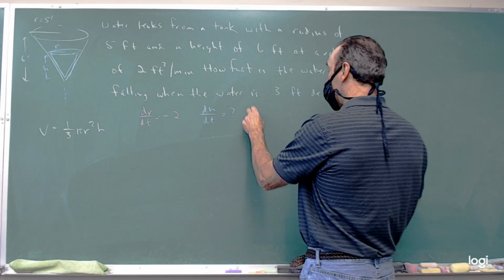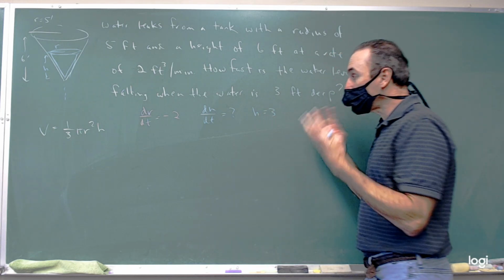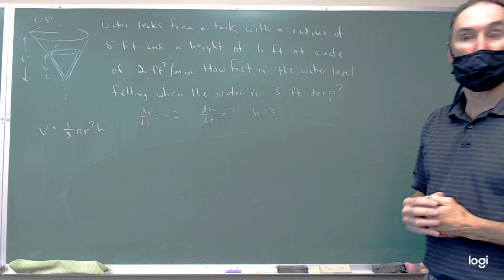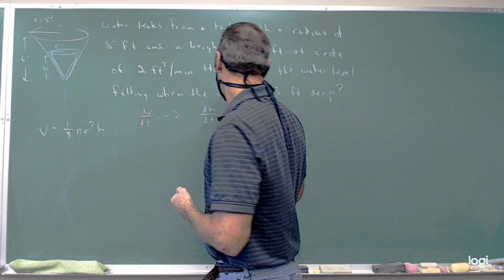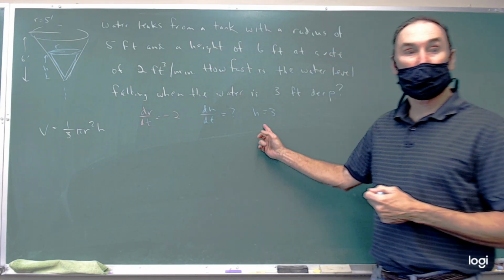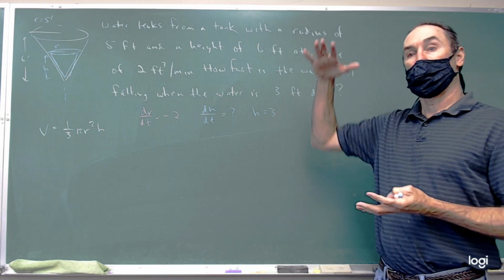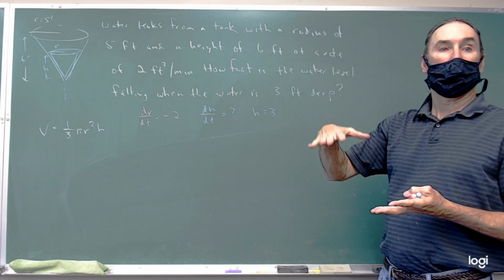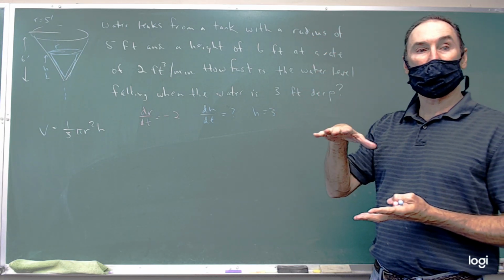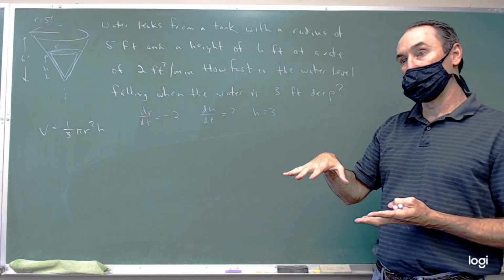So you have to be careful here, because it will vary from one problem to the next, is this height always 3, or is it a height that's changing with time and we're just capturing the moment when the height is 3.